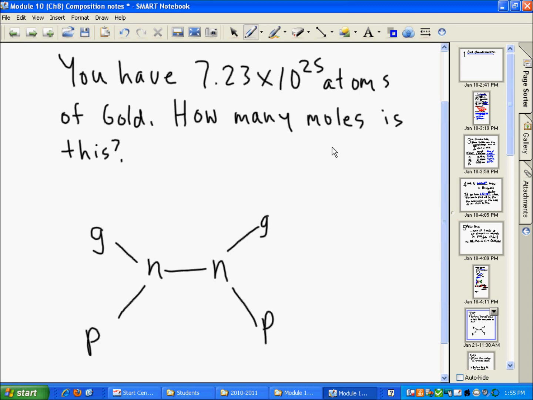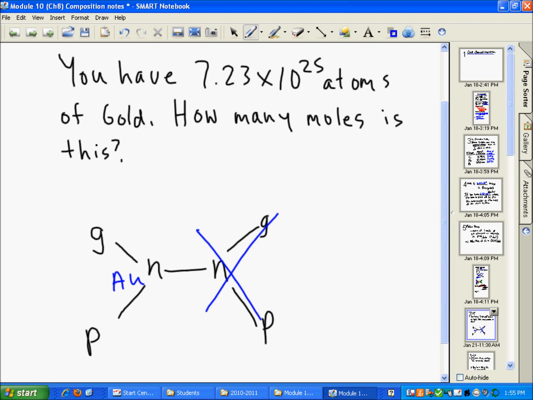We're dealing with gold. And we're going to put that beside the N, just to take note. Are there any other substances in our calculation? No, and in this chapter there won't be. So we don't need the other side of the mole map. And most of the time in this chapter you won't.